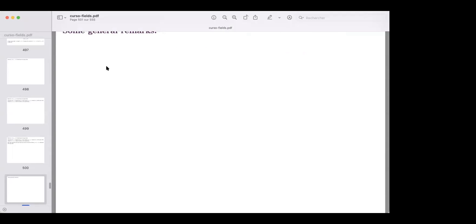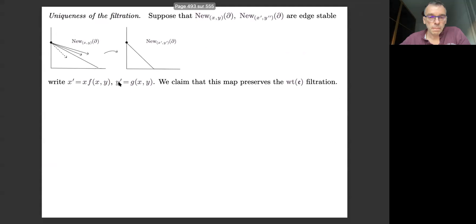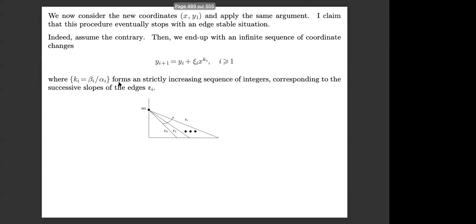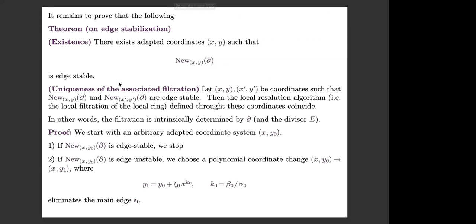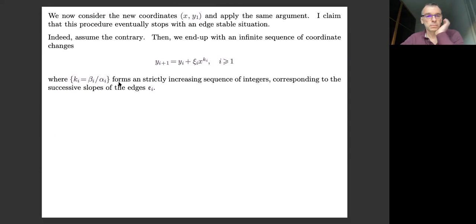Yes. You said before that the k_i, when you have proved the existence, were integer numbers. Why integers? No, after this, they are given by beta_i over alpha_i.